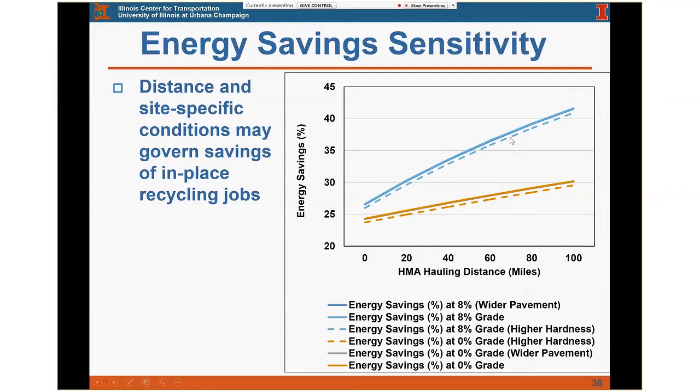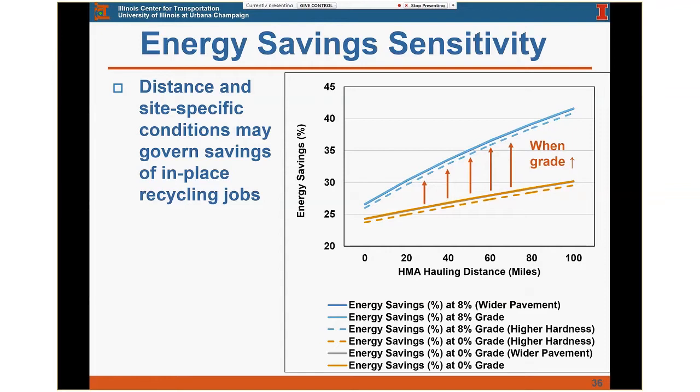You can see when the grade of hauling increases, we can realize much higher savings. This is the kind of thing that can be quantified in the tool to demonstrate the savings of in-place treatments or any other preservation treatment as compared to conventional treatment. Of course, again, the big assumption here is that these two treatments are going to have the same equivalent amount of service life, and provide the same and similar performance.